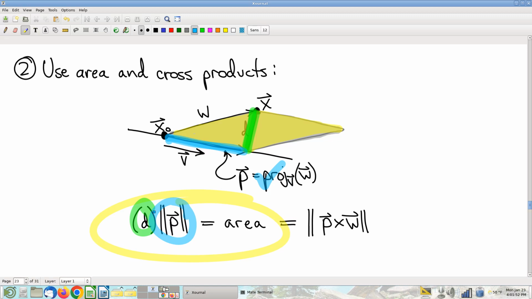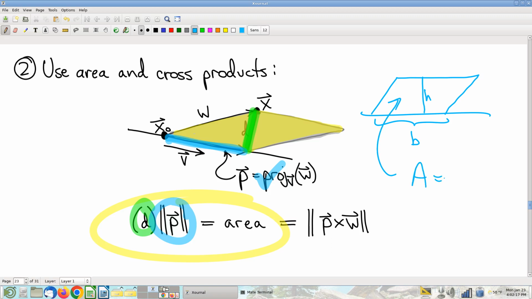Yeah. So what I'm using here is an old fact from high school geometry. If you have a parallelogram, now let's see here, I'm going to try to draw a decent parallelogram. If you know the height and if you know the base, then the area in here is height times base.